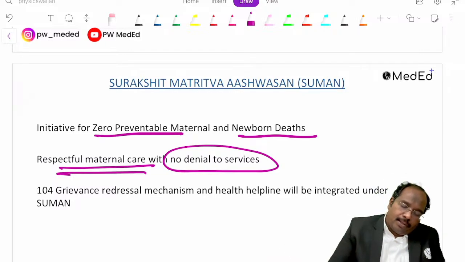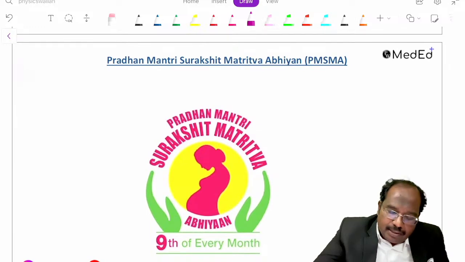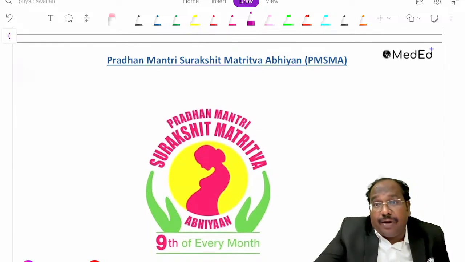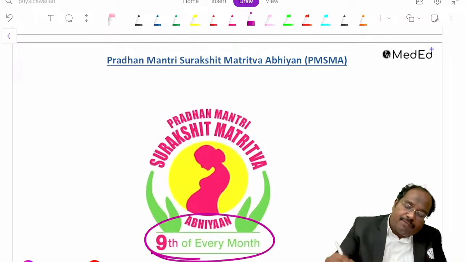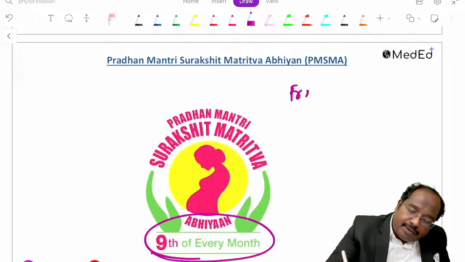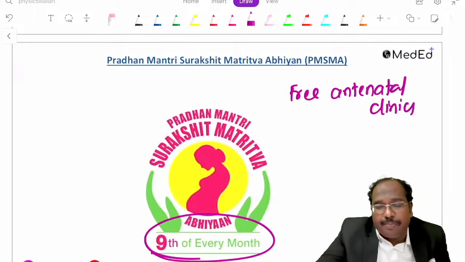Next, what is this Pradhan Mantri Surakshit Matritva Abhiyan? People are coming very late for deliveries and they don't have antenatal checkups. So under this PMSMA, on the 9th of every month, free antenatal clinics will be done. Any private practitioner can also be part of it.